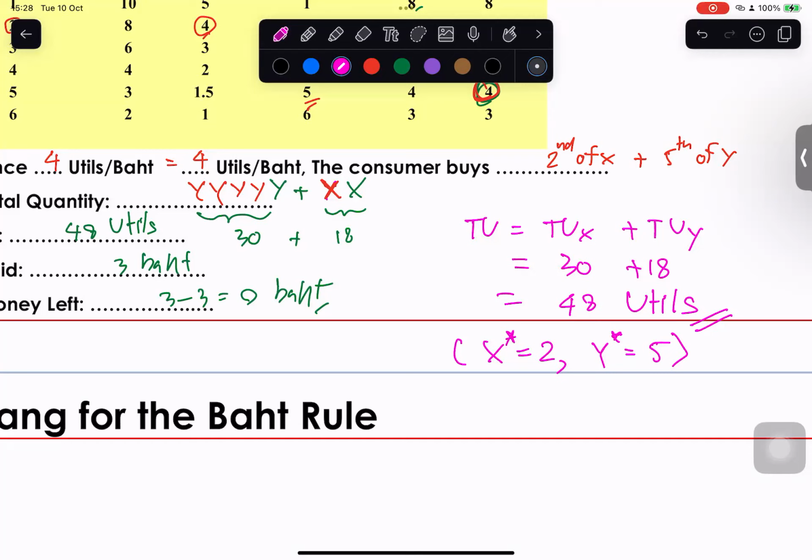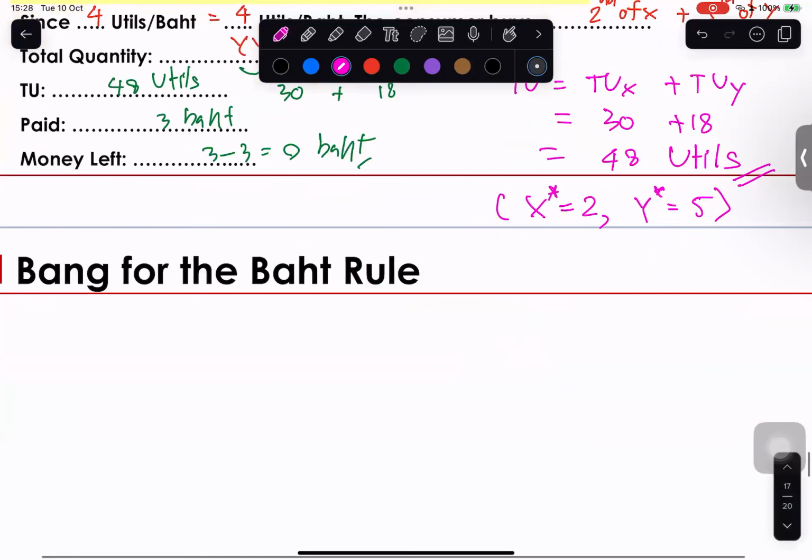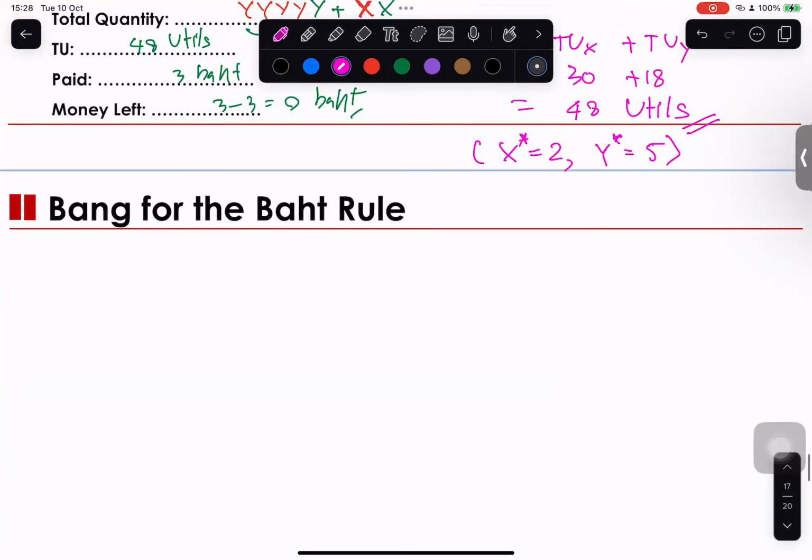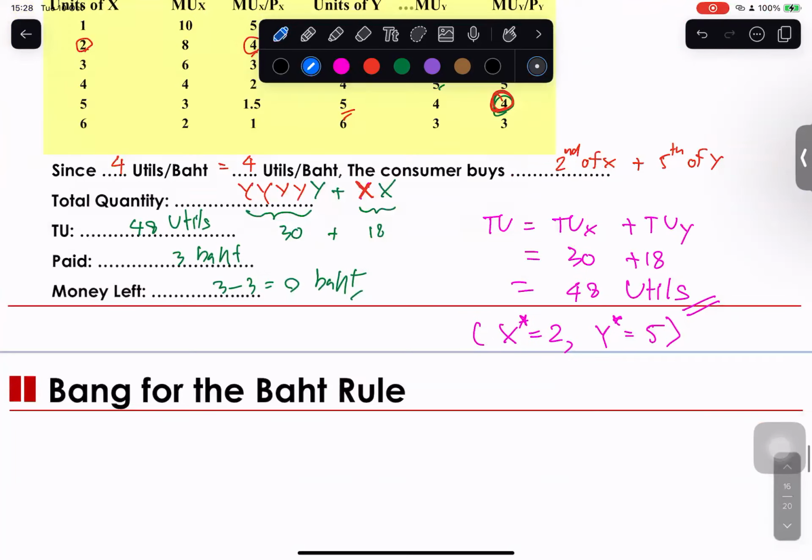What is so interesting about this algorithm? Okay. Now we confirm that 2x 5y is the best. Then the rule is the following. Check this out.